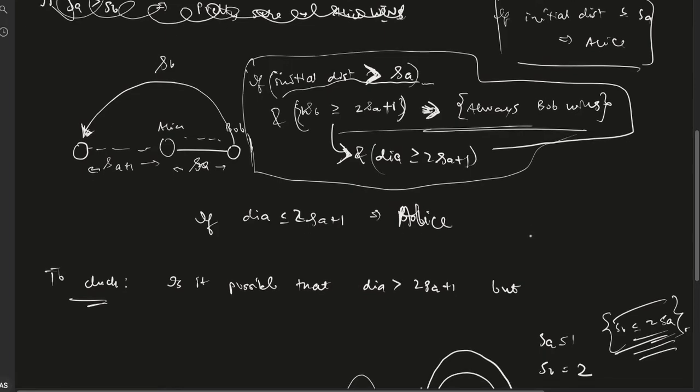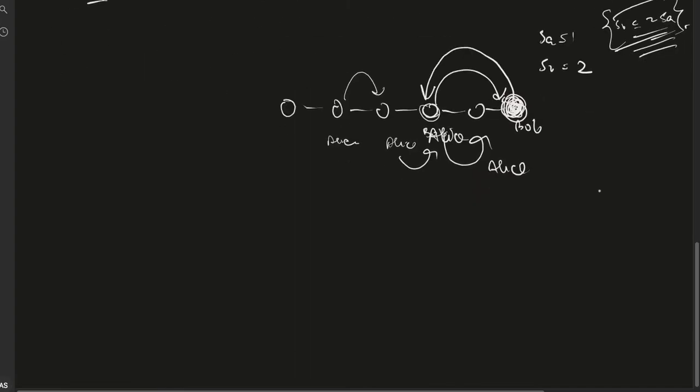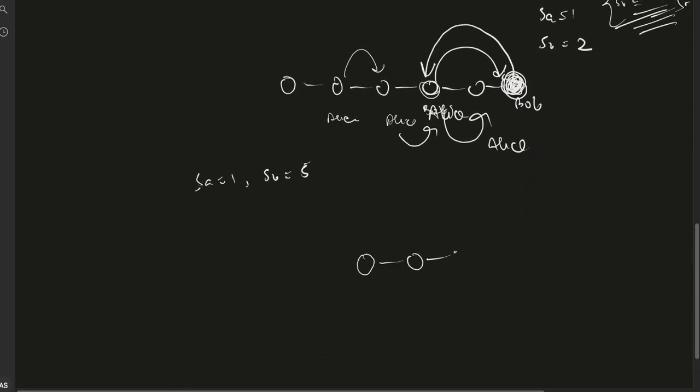But if this is not the case, that is, if SB is greater than or equal to 2 times SA plus 1, even then we won't be able to guarantee Bob's win. The reason being, let's say that stride of A is 1 and stride of B is 5, but the tree itself is limited. That is, the tree is this size. Alice is here, Bob is here, Alice moves here.